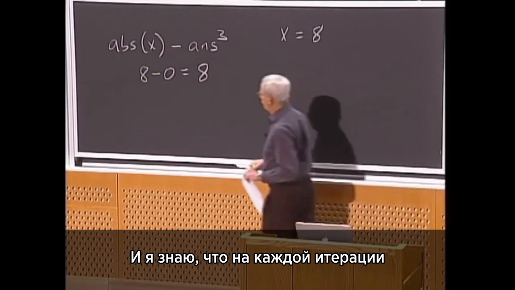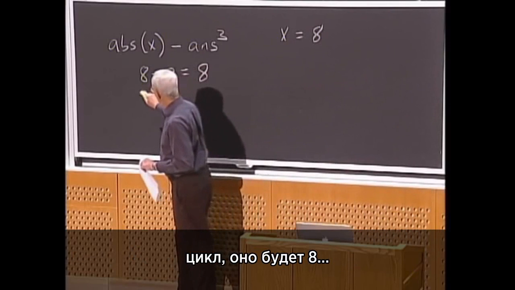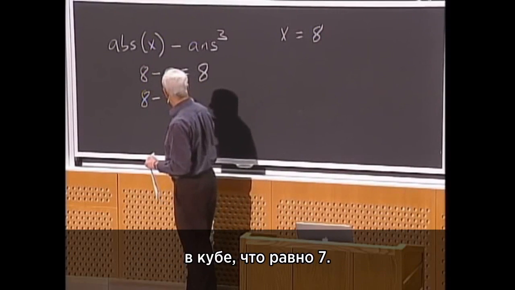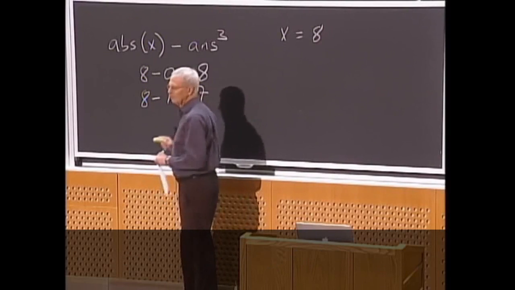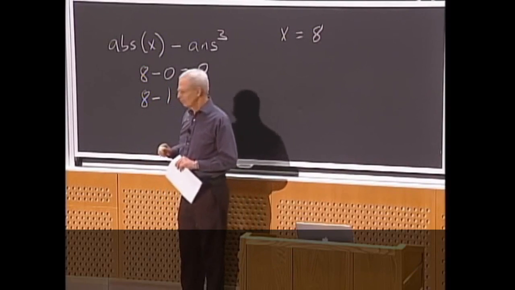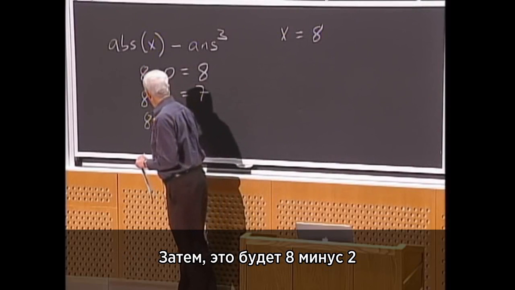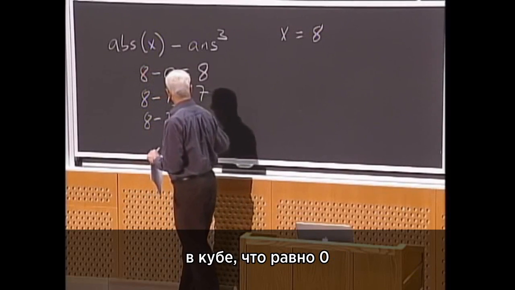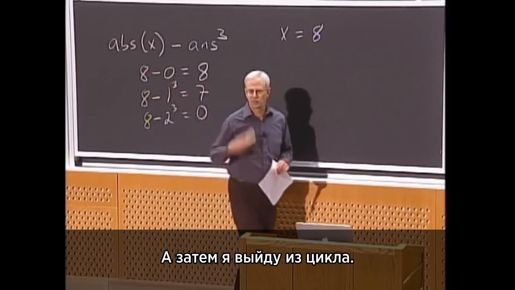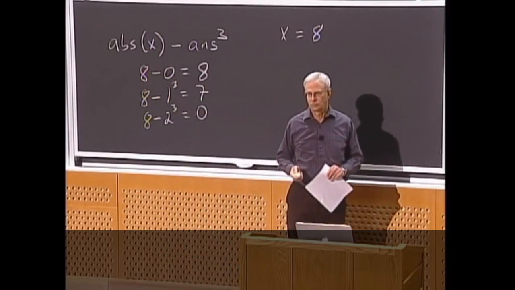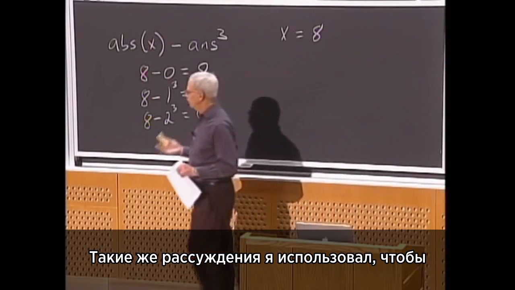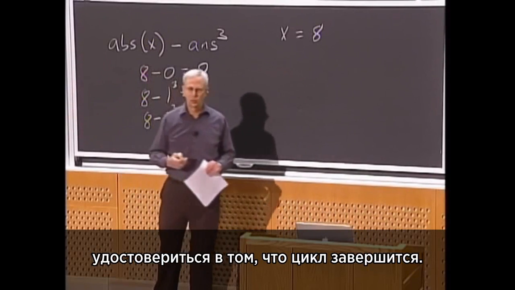So the first time through, it will be 8 minus 1 cubed, which is 7. And the next time through, it will be 8 minus 2 cubed, which is 0. And then I exit the loop. And it's that kind of reasoning that I use to convince myself that this loop terminates.